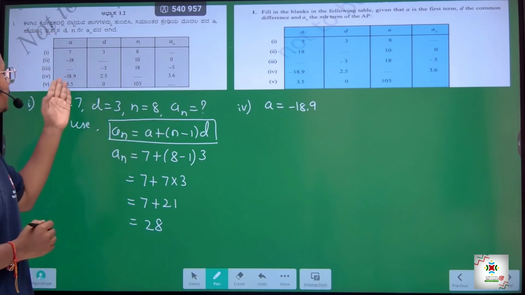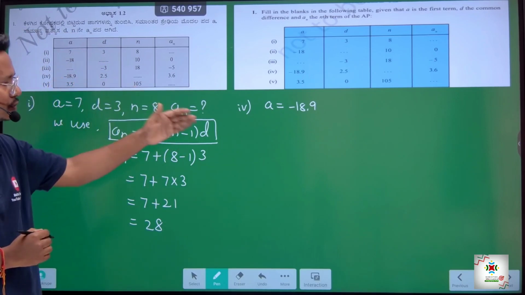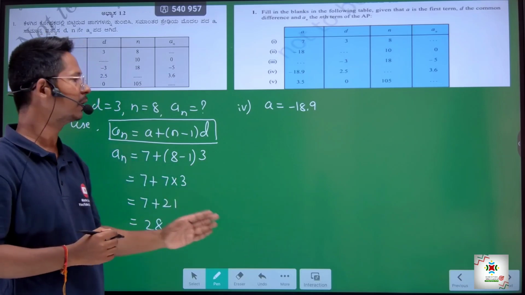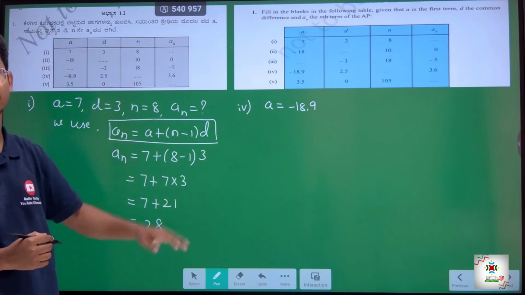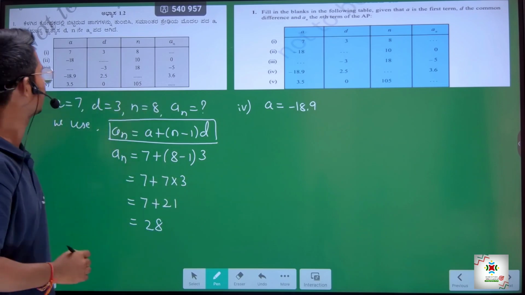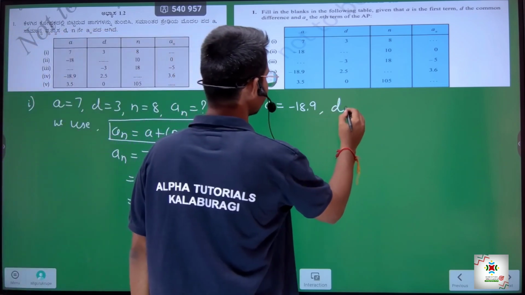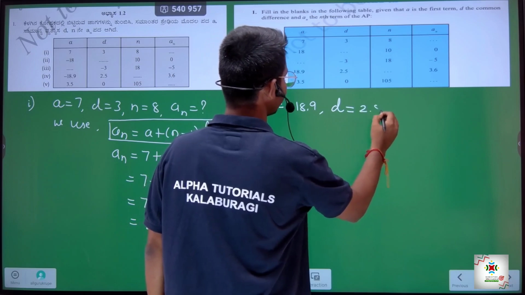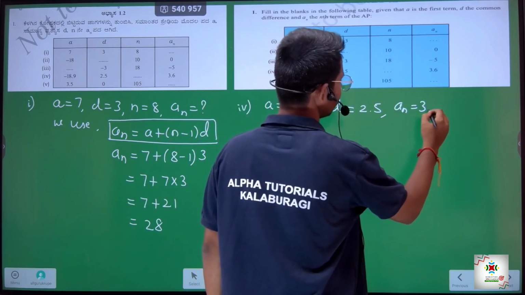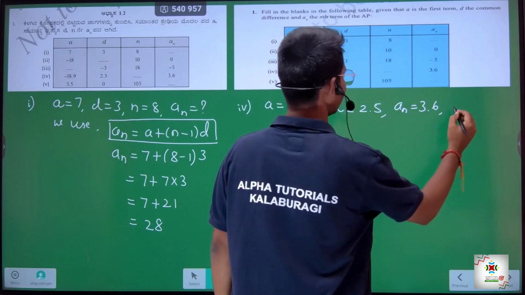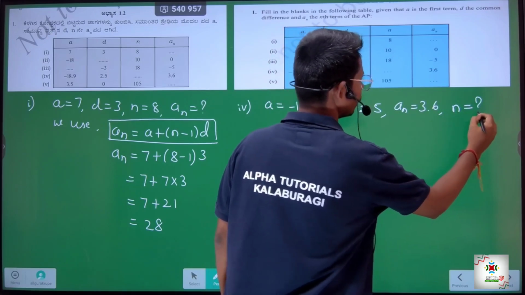If you miss the minus, your entire answer is going to be wrong. While copying the given, you need to be very careful. The a value I wrote, the d value 2.5, then the an value 3.6. What you need to find? n. You need to find n.